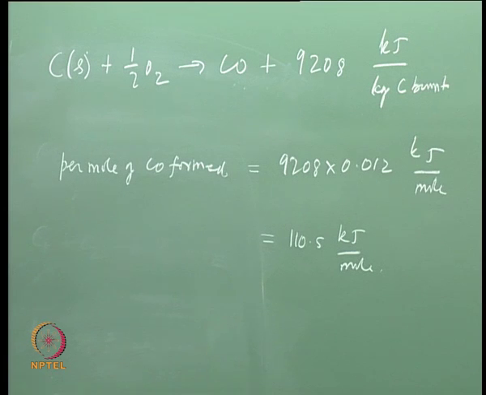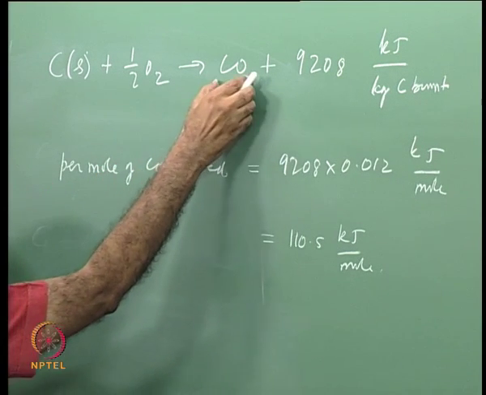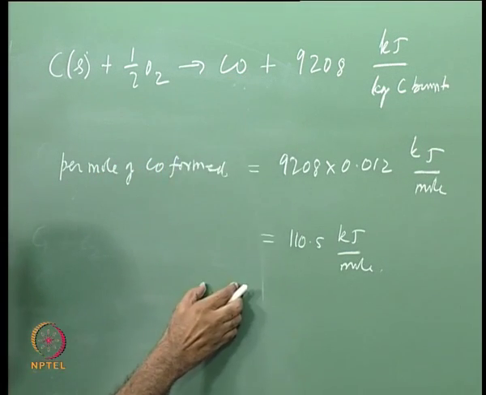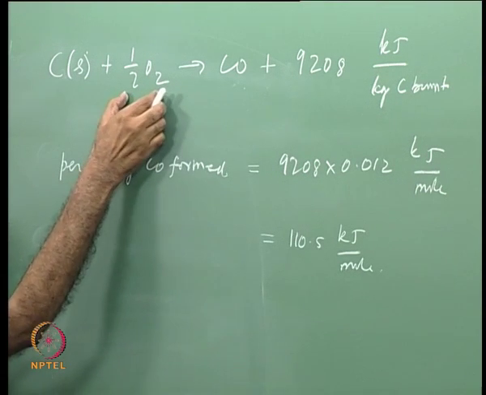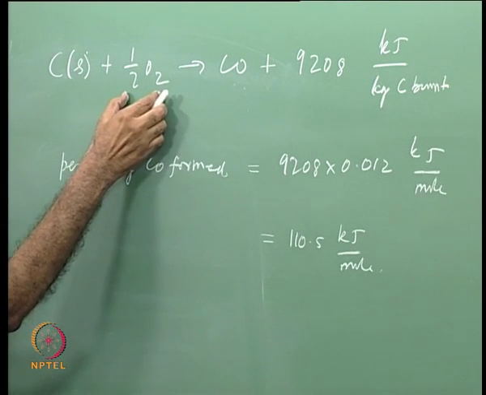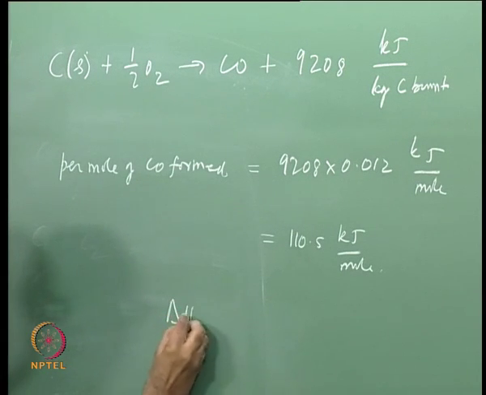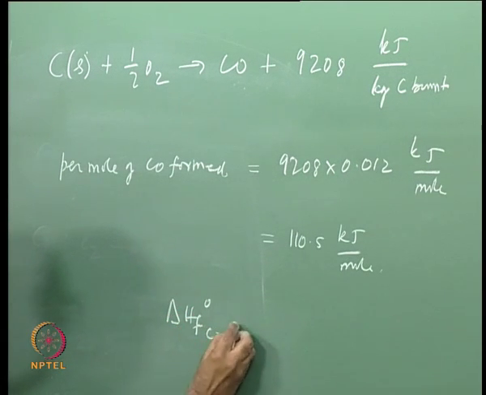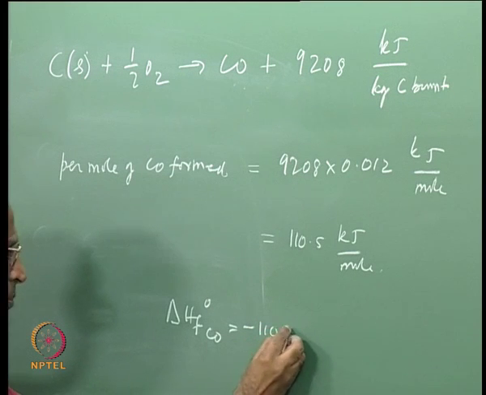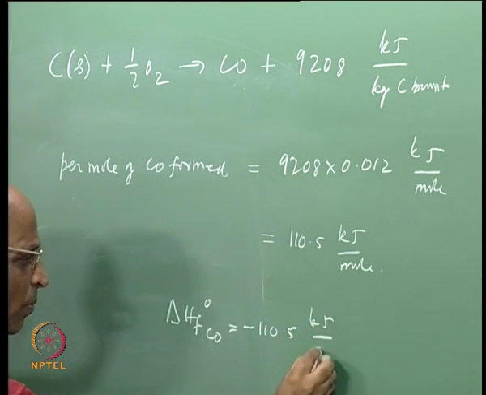Heat is getting generated, carbon monoxide gets heated, and I have to bring it back to the same standard condition of 25 degrees for the oxygen element and 25 degrees for the carbon element, and therefore the heat of formation of carbon monoxide we say is minus 110.5 kilojoules per mole.